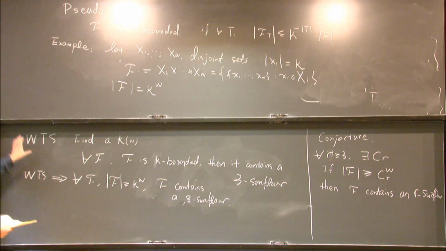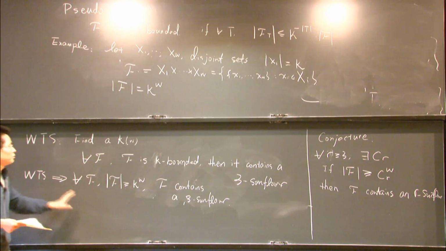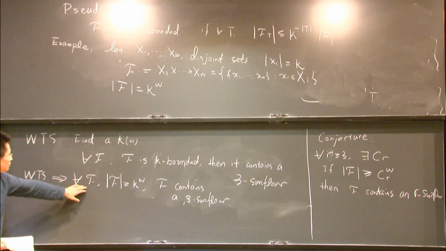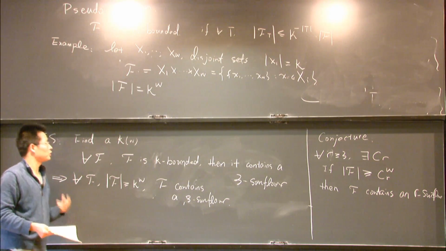Once we find such a kappa, we can simply imply this result. The reason is pretty simple. Given F, if the set system is larger than kappa to the w, there are two possible cases.